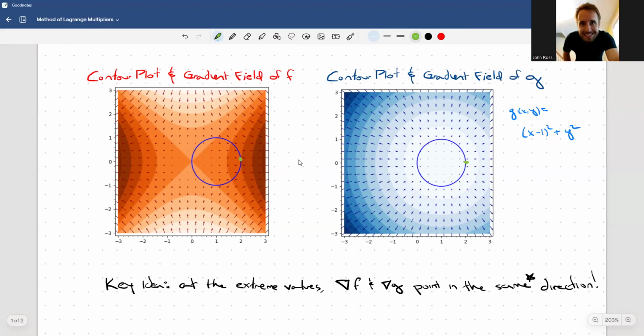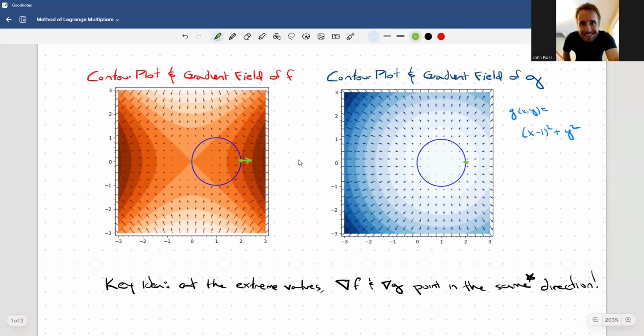Okay, so if I go back to the point (2, 0), I can identify what my gradient vector looks like at that point. I'm going to draw it slightly enlarged to embellish it. At this point, this gradient vector is pointing straight to the right. It is pointing due east in my function f.